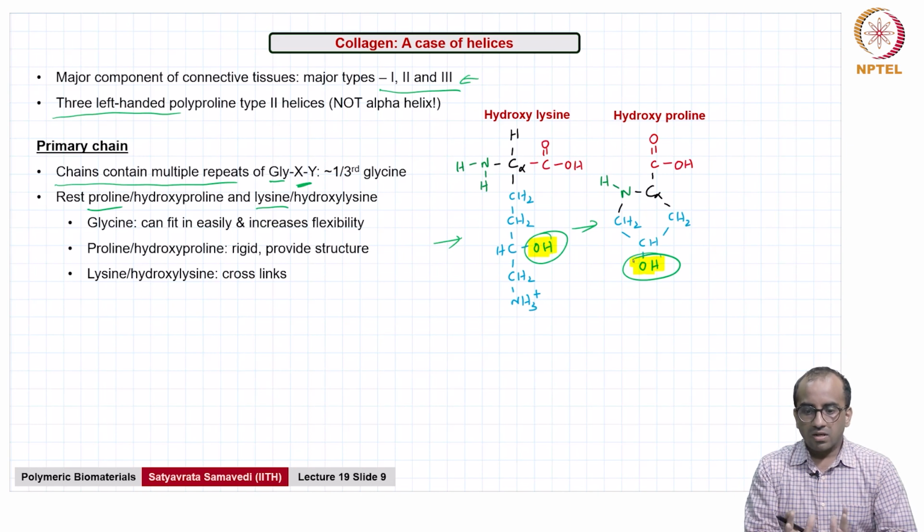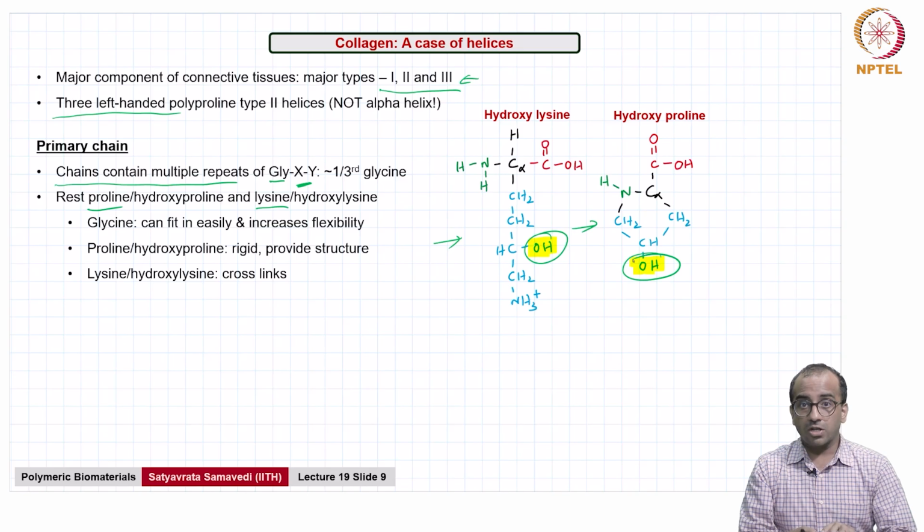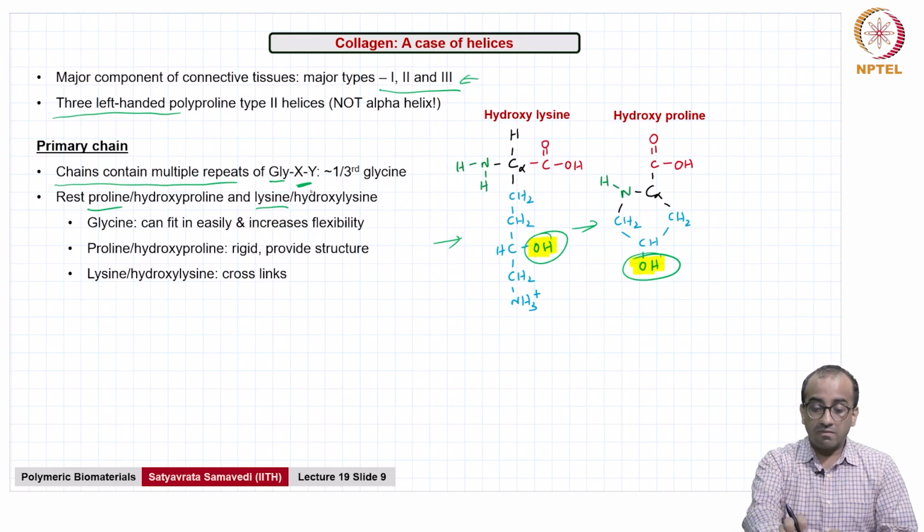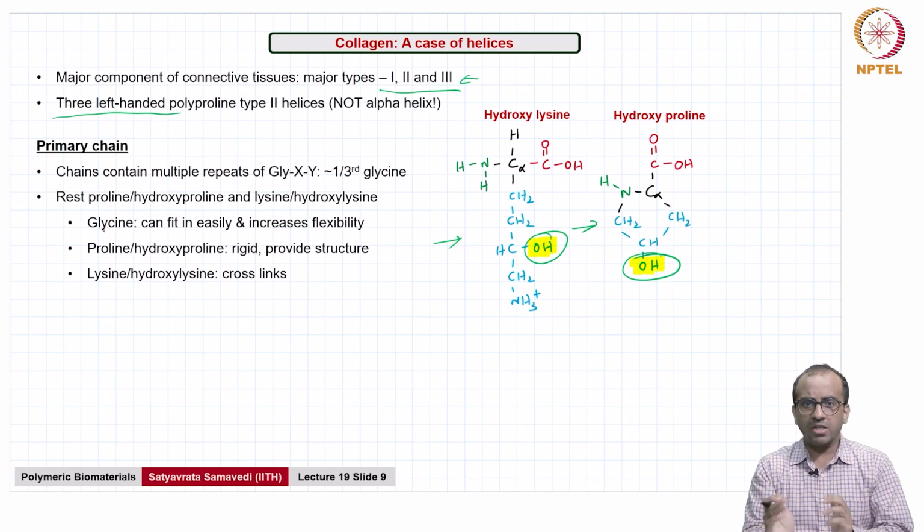Now 1/3 of this collagen molecule is glycine, and why this particular set of amino acids constitute collagen is also very interesting. There is a very specific reason from an evolutionary biology perspective. There is a very specific reason why it is this combination of amino acids that results in this specific structure for collagen.